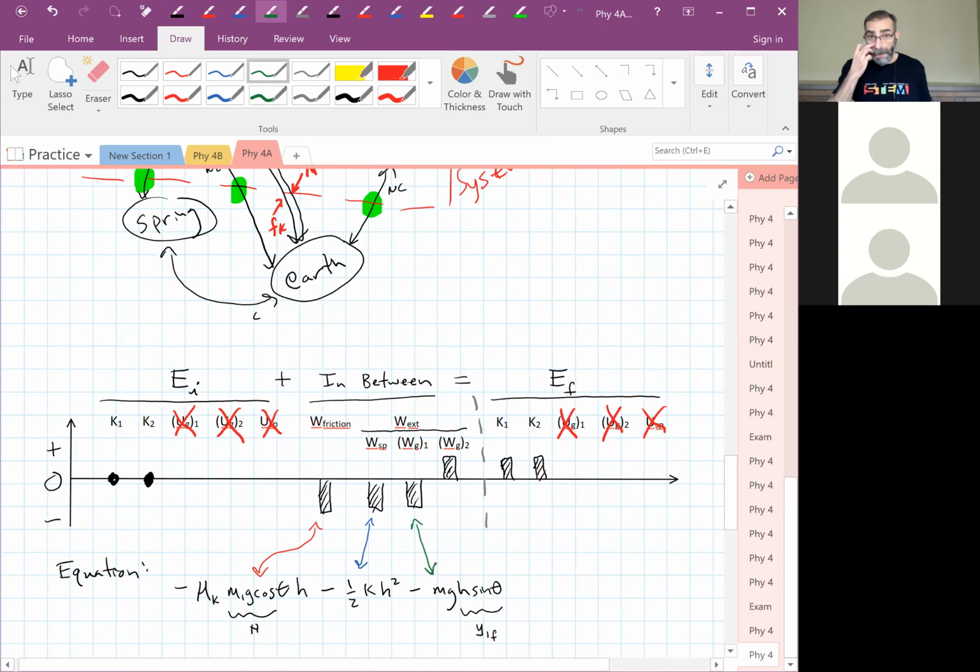You see how it might have been easy to forget one of those negative signs if you didn't have the bar chart there to kind of prompt you, oh, wait, this is negative, this is negative, this is negative. Plus M2, this is an M1, M1, M1, this is an M2 GH.